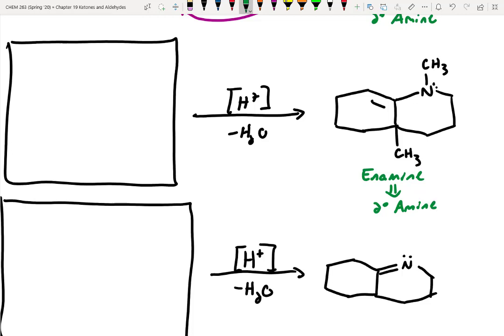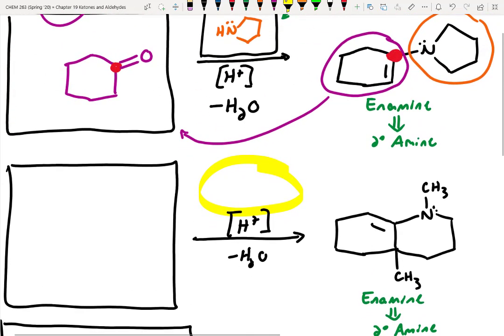All right, but this time, if you notice, there's no empty box for an amine here. So the question is, well, what exactly is occurring? But that's okay, let's troubleshoot it, right? Let's identify the carbon that used to have the CO double bond. And like I said up above, it's the carbon that's bonded to nitrogen that's also participating in a pi bond.